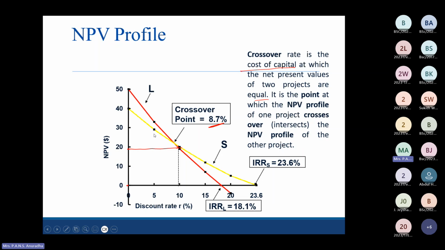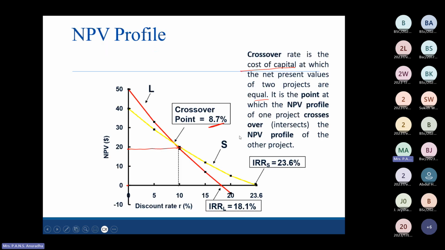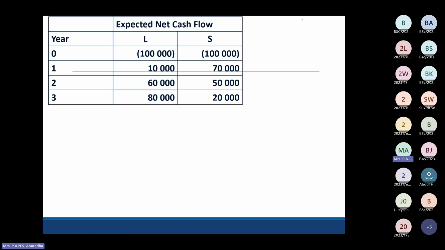If the cost of capital is 5%, there is a disagreement between this IRR and NPV. So let's calculate MIRR for these two projects at 5% cost of capital level. MIRR for project L at 5%.